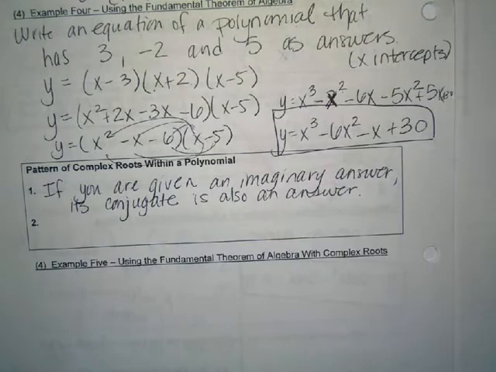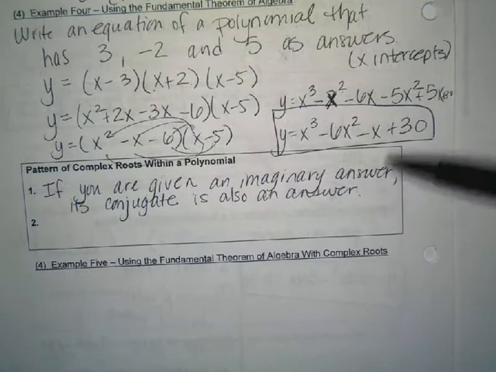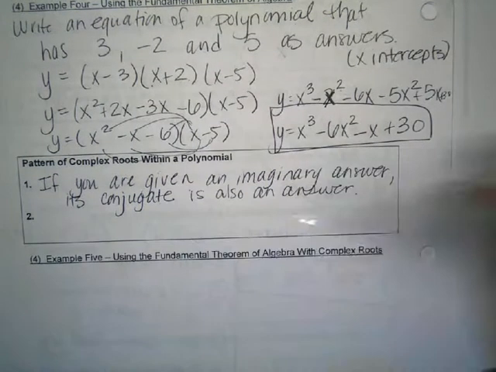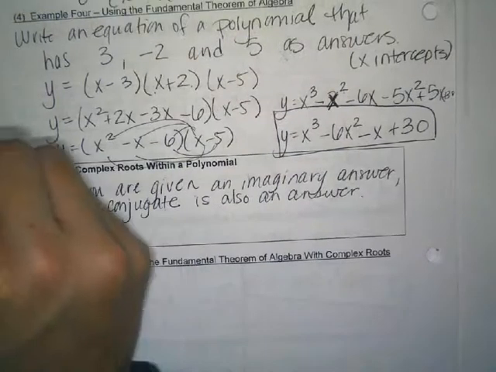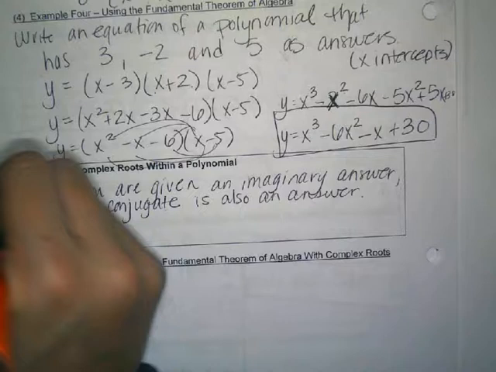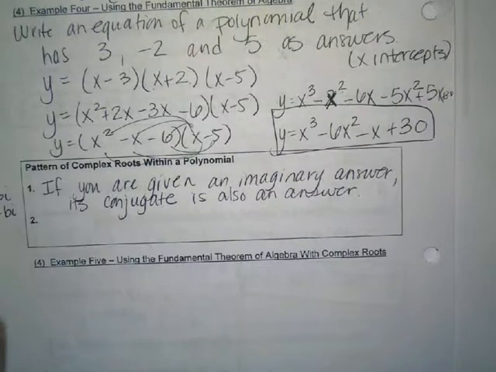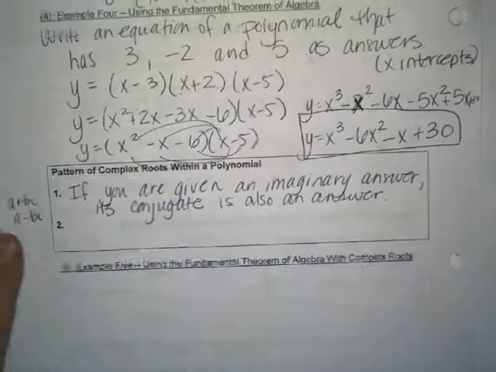So if you're given an imaginary answer, its conjugate is also an answer. I don't know if we've talked about the conjugate yet. We might have. But conjugate is if you have a plus bi, then a minus bi is an answer. So usually we see these like plus or minus.